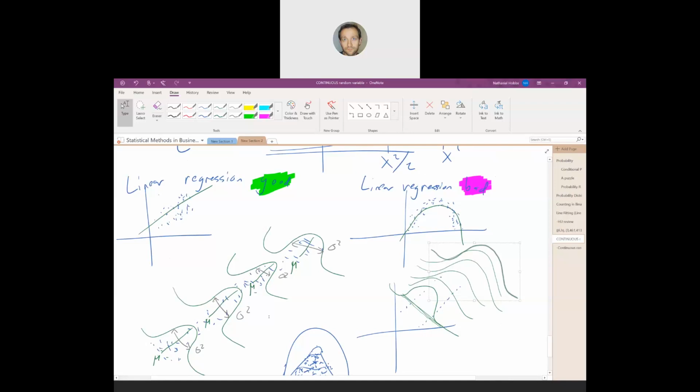In fact, the mean here is this line. The variance is another parameter, but the mean, this line that you see here, is the line that would be underneath the peaks of all of these curves.